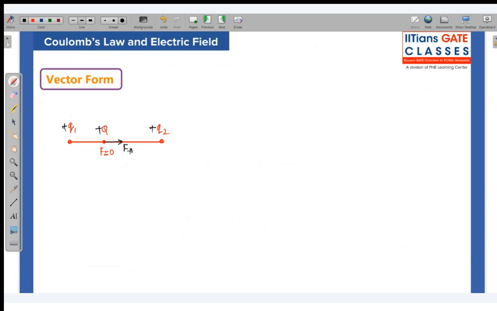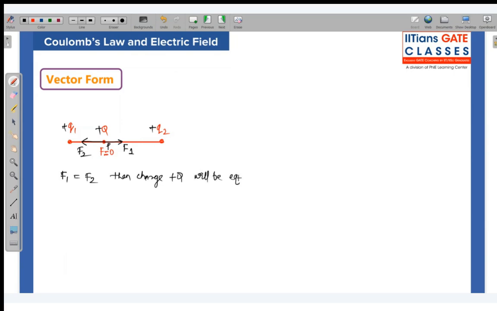Let us say this is F1, and Q2 will exert a force on plus Q towards left, so F2. So this particular charge Q, which is placed at point P, can be in equilibrium because both the forces are opposite. So if we make F1 equal to F2, then the charge plus Q will be in equilibrium.